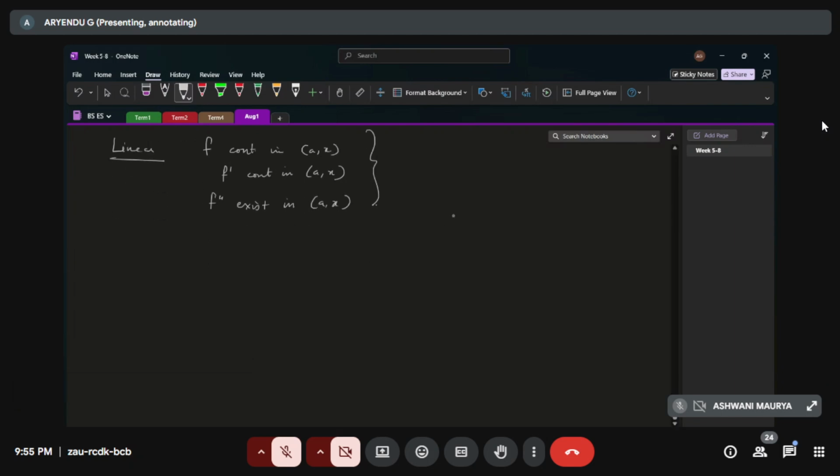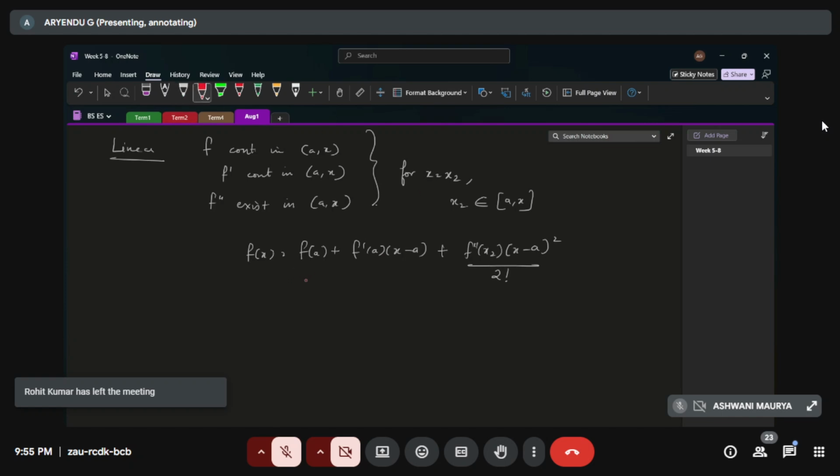So given these conditions, for any value of x, the theorem states that so far as x2 belongs to the interval a comma x, there will be a situation such that f of x is equal to f of a plus f dash of a into x minus a plus f double dash of x2 into x minus a whole square by 2 factorial.